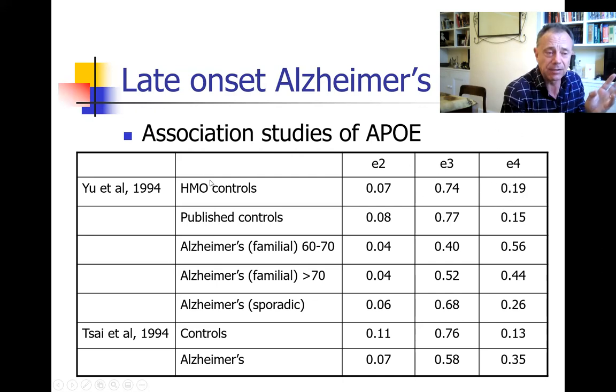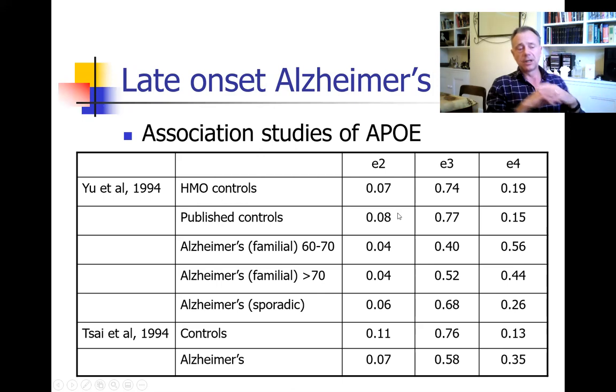And the idea is that the frequency of the E4 allele is commoner in people with Alzheimer's disease. This was in 1994, or maybe 93 was the very first paper, but there was a slew of papers that came out all showing very consistently an association between late onset Alzheimer's disease and an increased frequency of the ApoE4 allele.